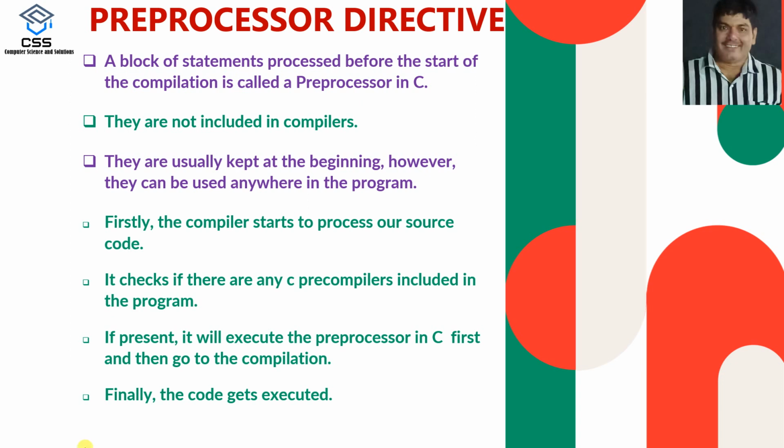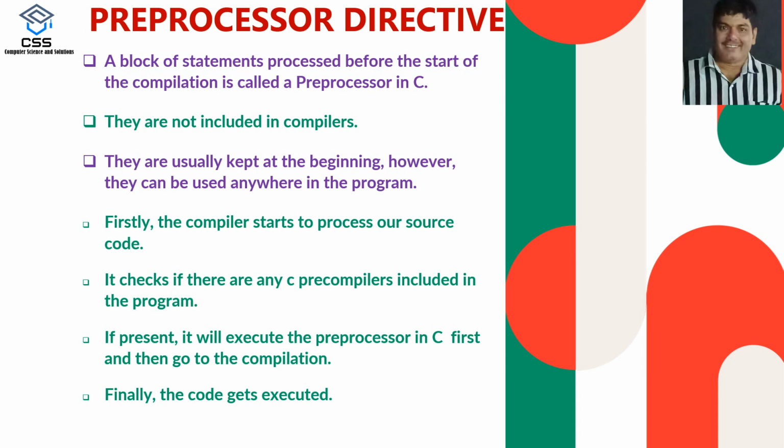Hence, the definition: a block of statements processed before the start of compilation is called a preprocessor. They are not included in the compiler, meaning the compiler does not find those statements in itself.